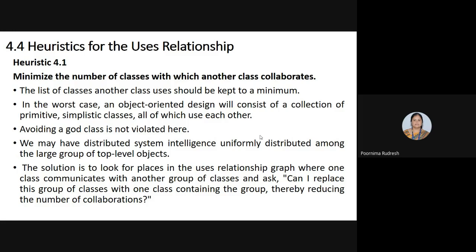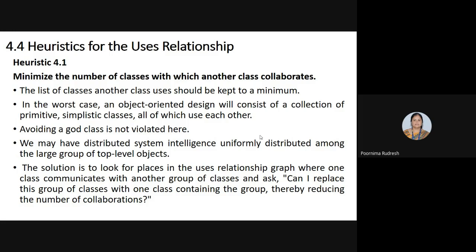Let us consider that class 1 is communicating with class 2, class 3, class 4, and so on. Can we replace these classes, class 2, class 3, class 4, with one class containing the group, and thereby reduce the number of collaborations?